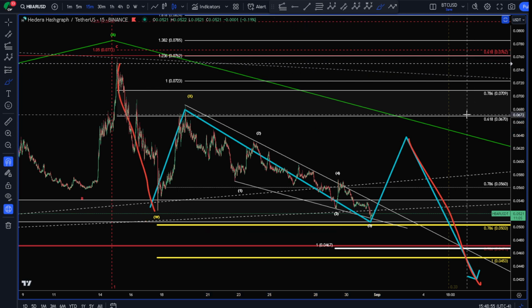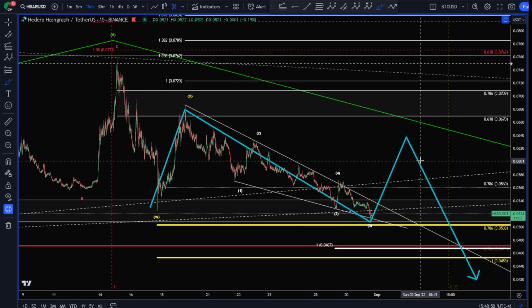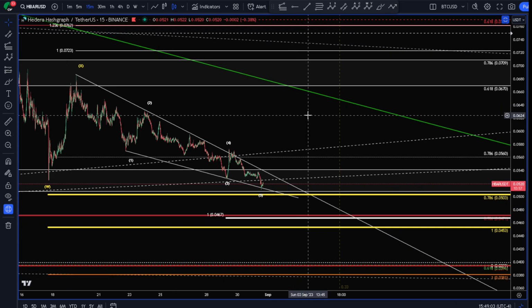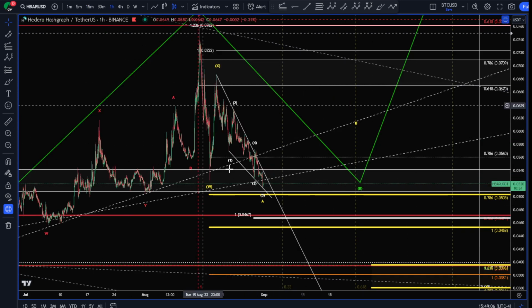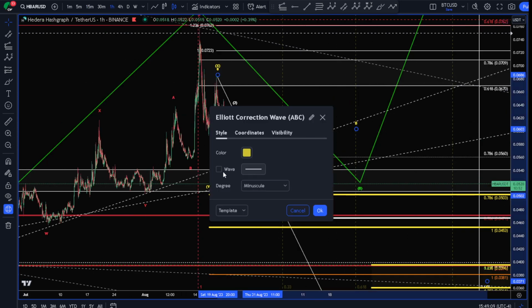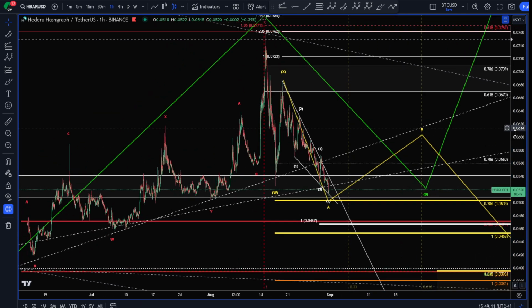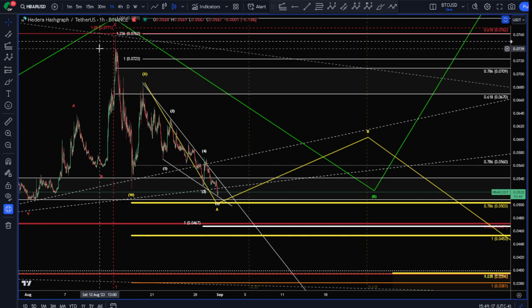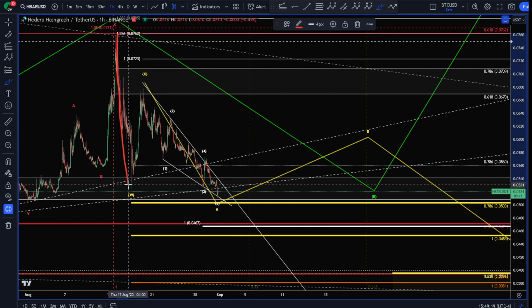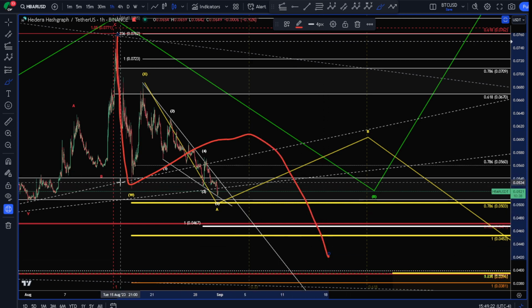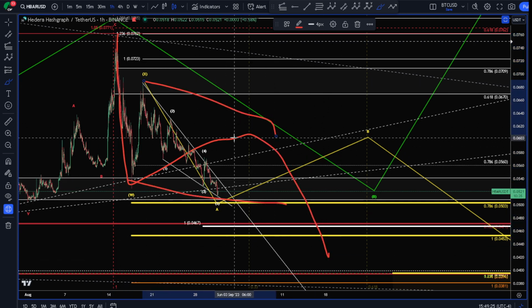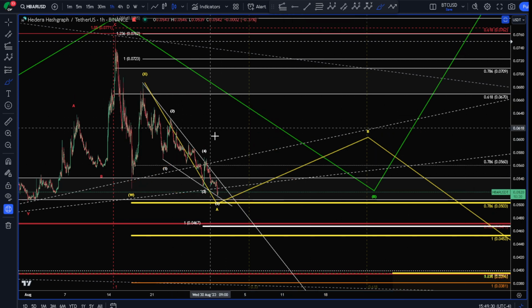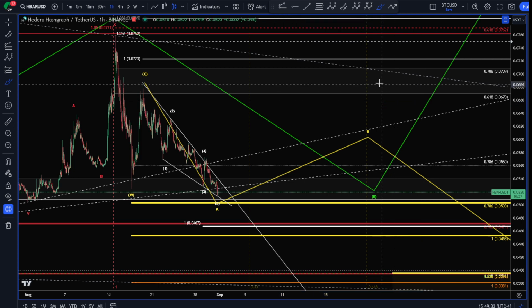But that also fits into my count where this is an A wave. If you remember from last time, where this is an A wave, we get a B wave up and then a move to the downside. So either way, if this ends up being a flat and this ends up being a larger correction in itself, we're basically coming to the same fib levels of this wave. So not too concerned which count it is right now, as long as we get the direction correct.